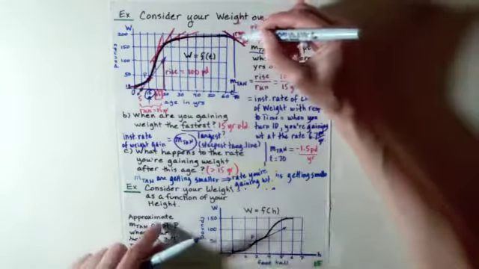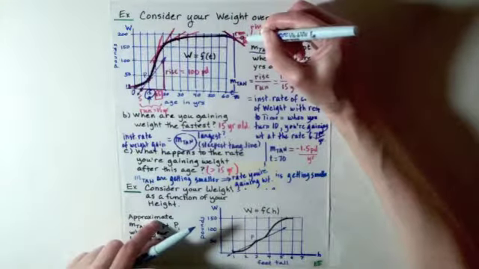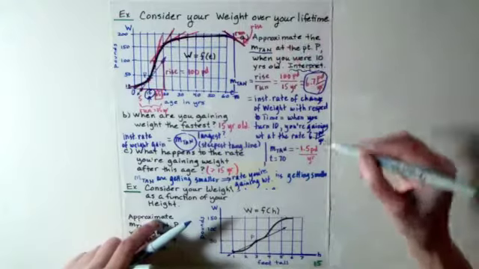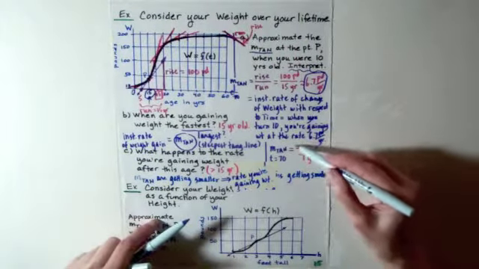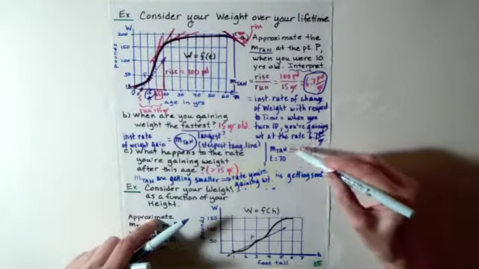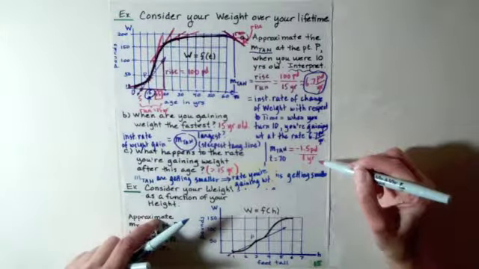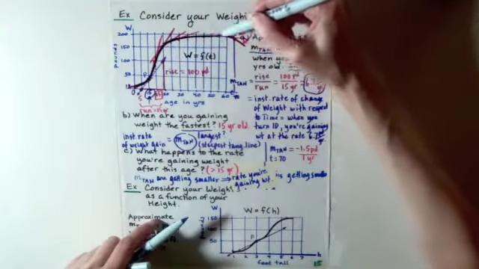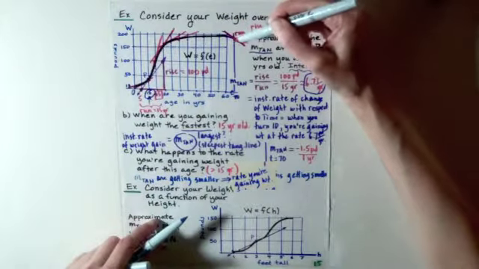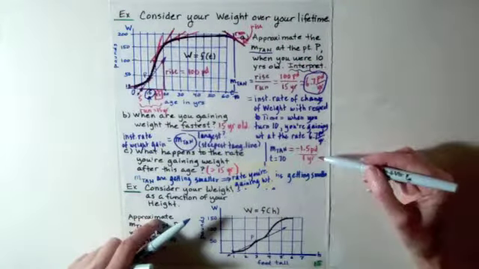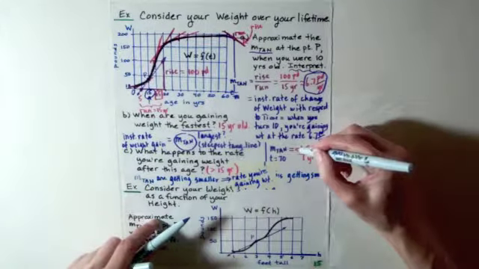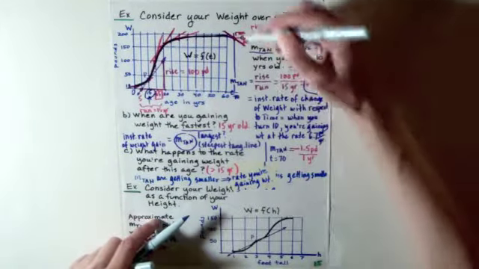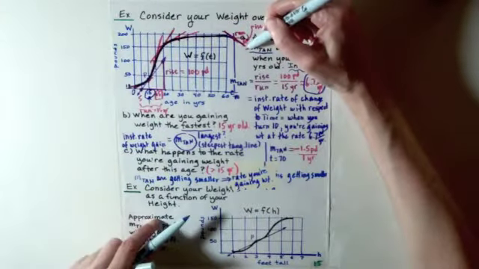What we're really saying is that as you grow 1 year older, so as your age increases by 1 year, perhaps your weight is going down by 1.5 pounds. So if your weight starts to decrease, that's going to be reflected in the fact that the instantaneous rate your weight is changing is a negative value. It's a negative slope to our tangent line.